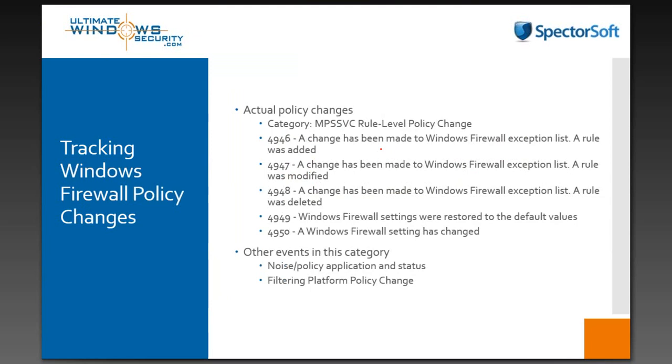Let's step away from tracking what Windows Firewall is doing, and let's talk about what is happening to Windows Firewall. So now Windows Firewall is not the actor, it's the object. And the important thing here is we need to know when configuration changes are made on Windows Firewall, because that could open up all kinds of vulnerabilities and exposures, right? It could increase our attack surface.